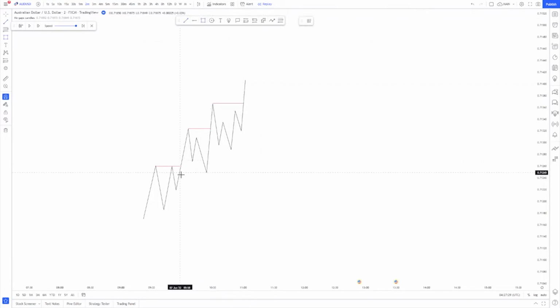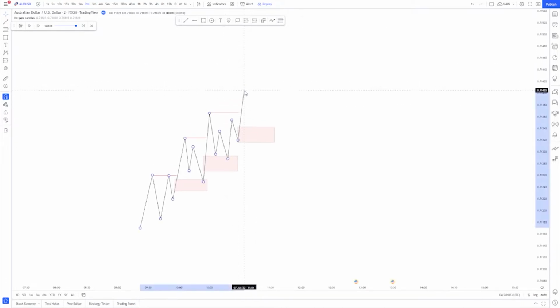So if you look closely, let's just assume that all the OBs have been properly mitigated so far. Now we have this one left. Now this is where the intraday scalp model setup comes in. This is what we should be looking out for.